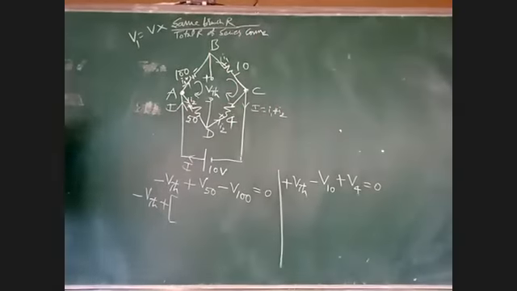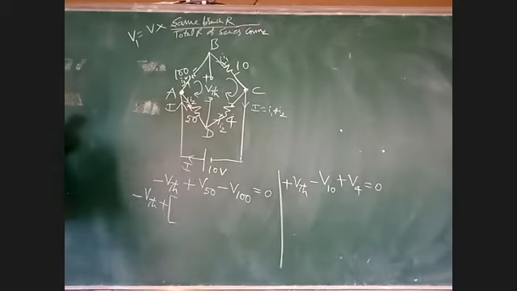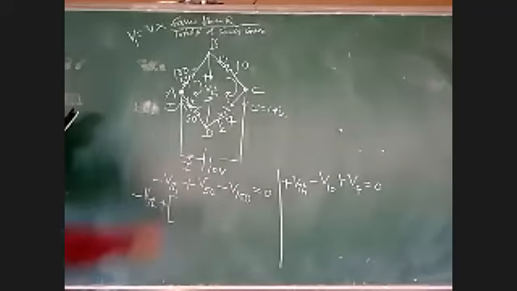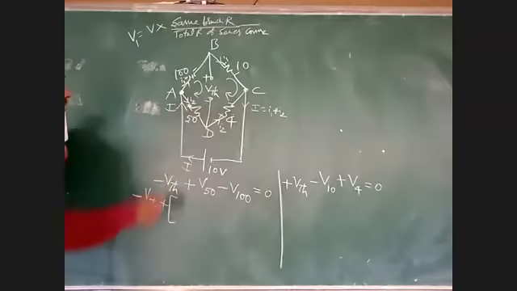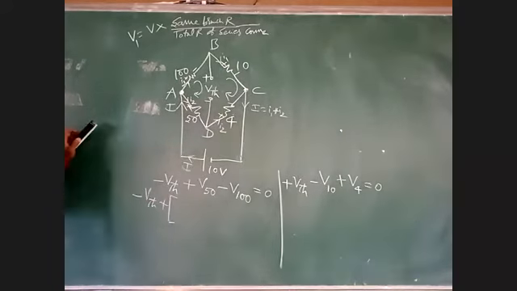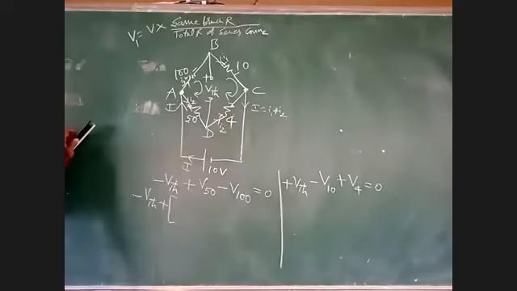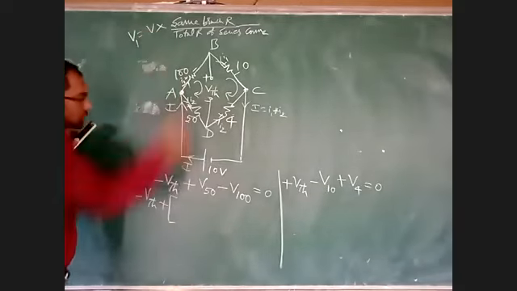Now I want to determine the voltage in 50 ohms. For 50 ohms, which resistance is in series? 4. 50 and 4 are in series. Now, what is the total voltage in this circuit? Battery voltage is 10. Total voltage is 10.